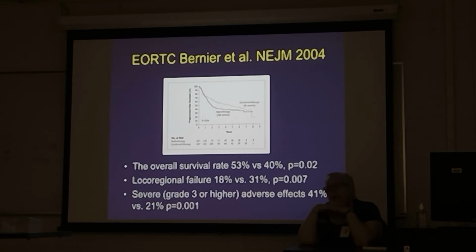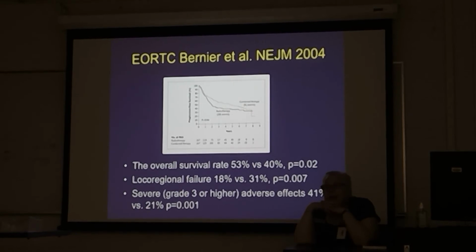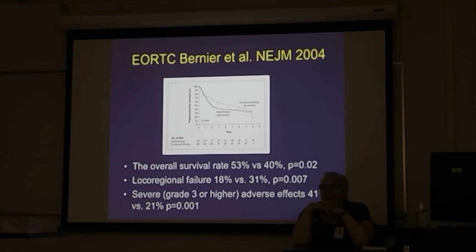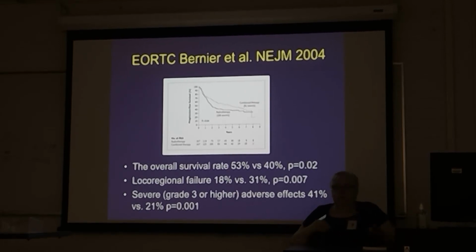What would grade 3 be? Can't swallow. Okay, yeah, can't swallow. And grade 4 would be you have to put an NG tube, a nasogastric tube, or a gastric tube in to help them swallow.